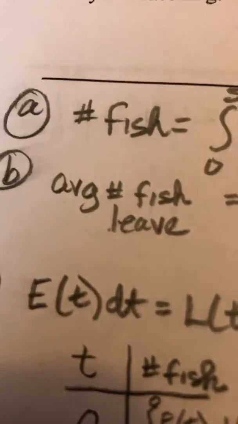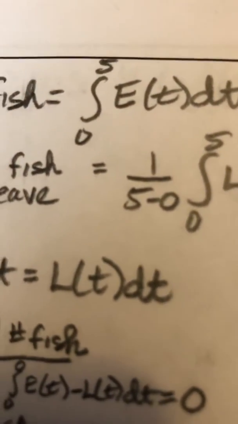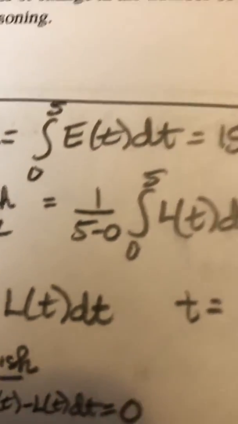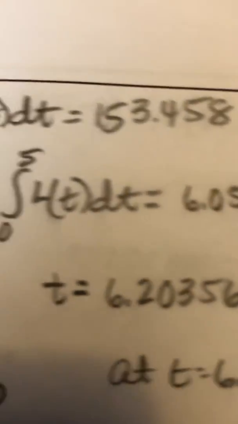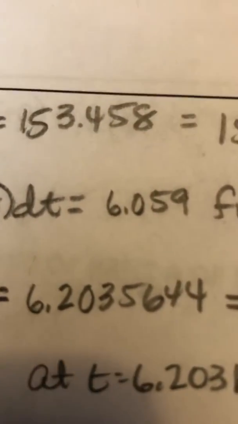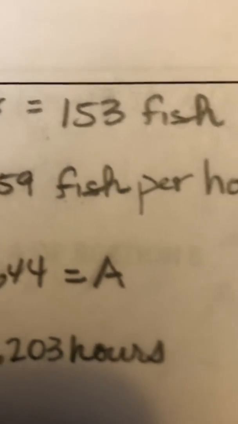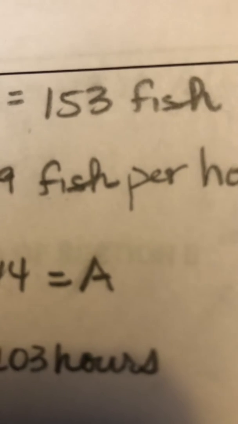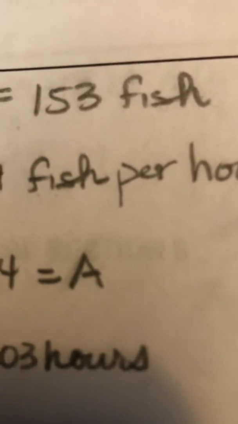So first thing we have to do is find where E of t equals L of t. And again, in the calculator, put one of them in y1, put the other one in y2, look for where they intersect. They intersect at t, or x, equals that value, which I store in the calculator. On the calculator, once you have your intersection point, go back to the home screen and just hit x store alpha a, and it's stored in a.